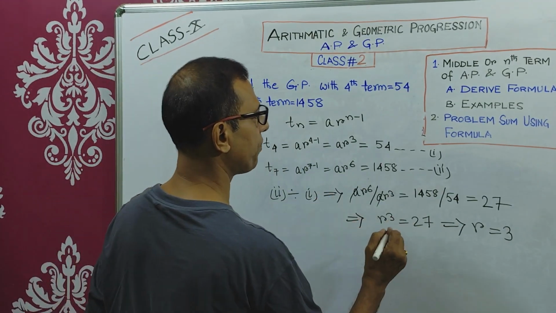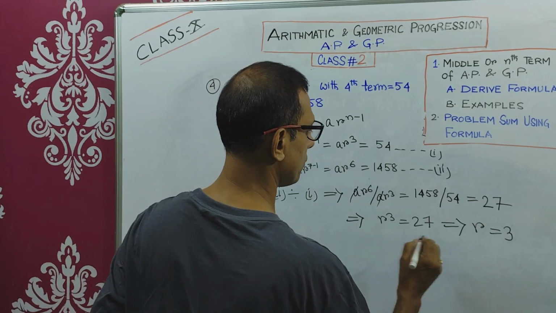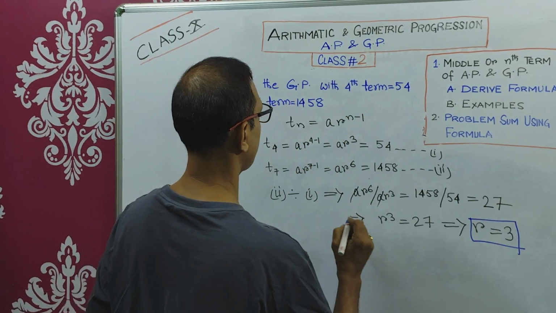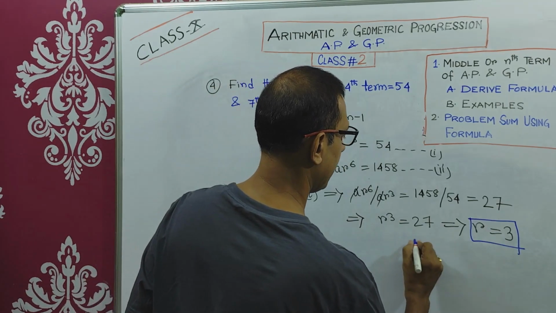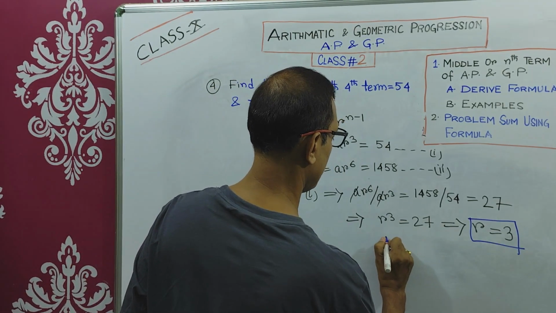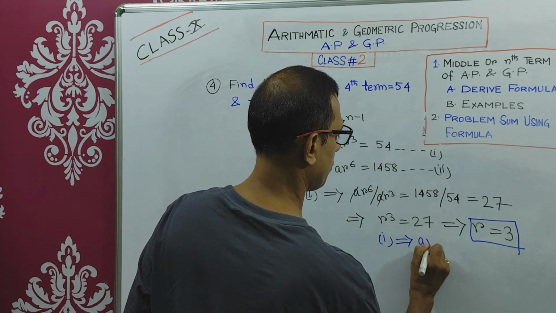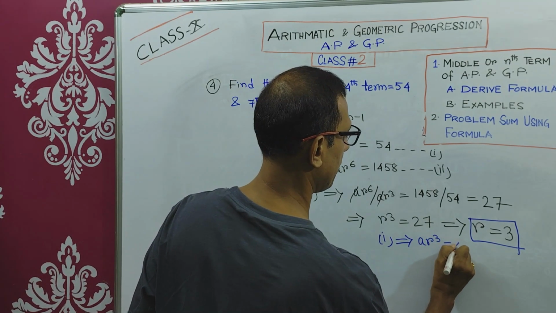So now you know the value of r, and then you can easily find out the value of A also, right? r equals 3, you found out. Then what is the value of A? Because from equation 1, A into r cube equals 54.